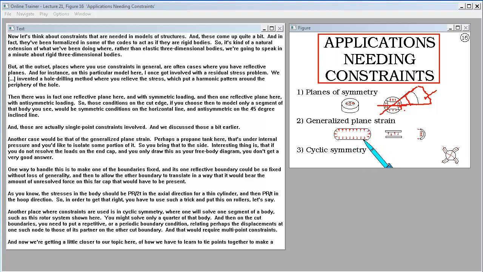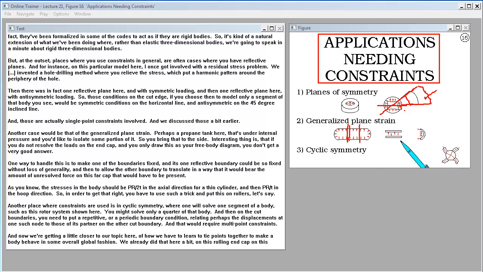Another case would be that of the generalized plane strain, perhaps a propane tank here that's under internal pressure, and you'd like to isolate some portion of it, so you bring that to the side. The interesting thing is that if you do not resolve the loads on the end cap and you only draw this as your free body diagram, you don't get a very good answer.